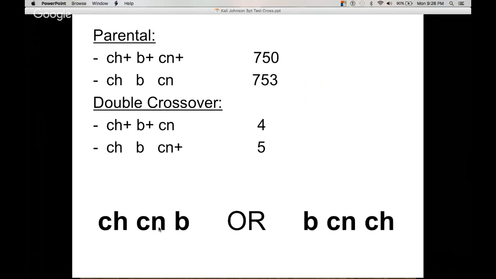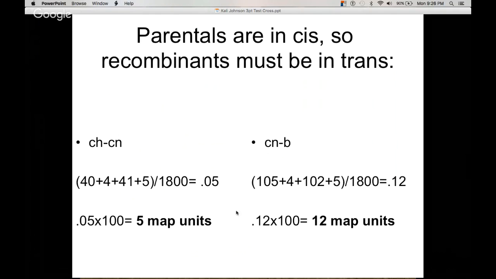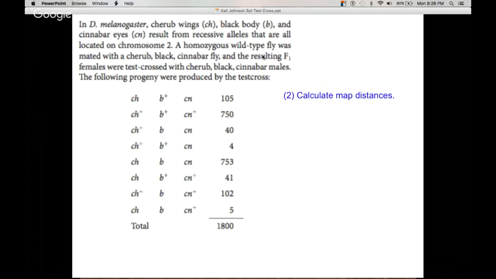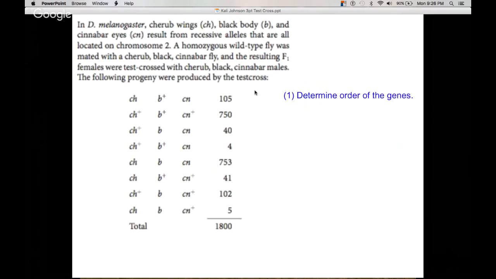And so the order of the genes is either CH, CN, B, or B, CN, CH. They're the same thing, just in reverse order. So next you have to calculate the map distances. In order to do so, you look to see which formation or configuration the parentals are in.